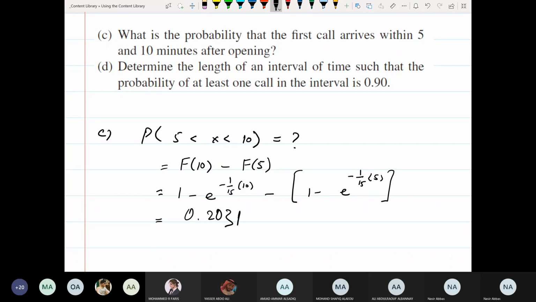Find the length of a time such that the probability of having a call within that time is 0.9. So this is regarding the value of x such that the probability of having a call is 0.9 within that time. Which percentile is it?